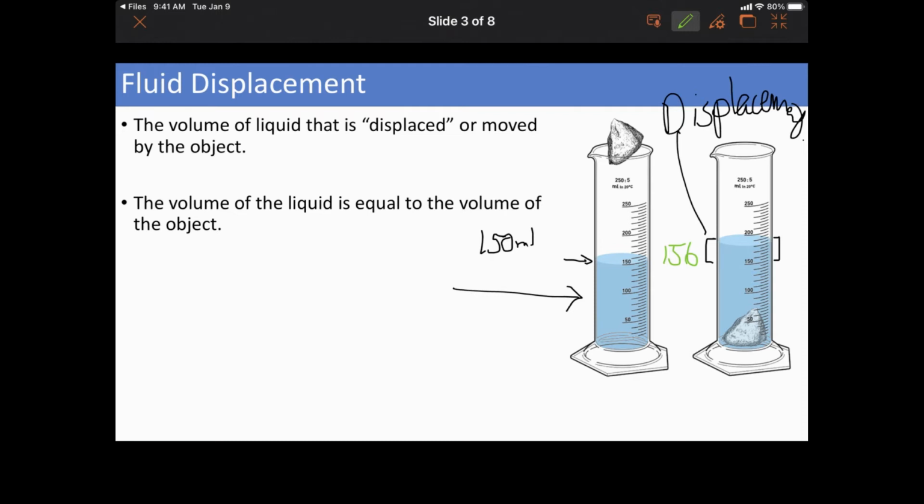So the displacement is 6 milliliters, which corresponds to 6 cubic centimeters, right? So that's the volume of our rock. Pretty cool, right? Displacement.